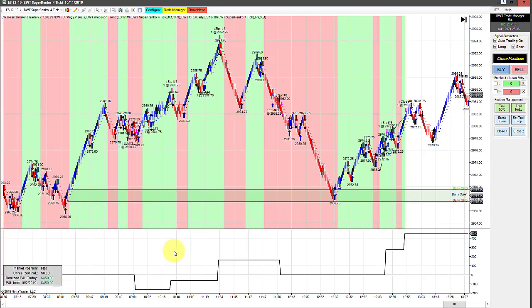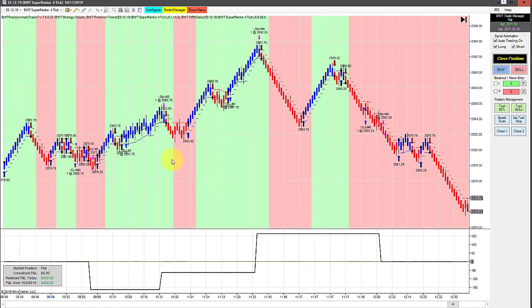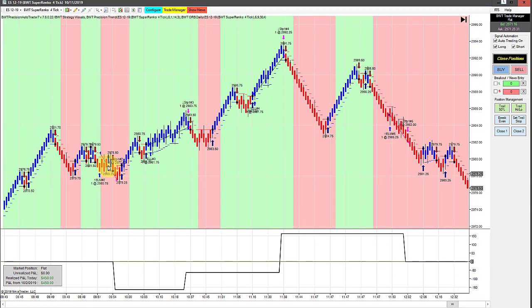So this had a couple of losers. Well, one loser right here, maybe more. So this was able to absorb this losing trade, drew down 150, and then recovered with these very nice winning trades within the rules here.